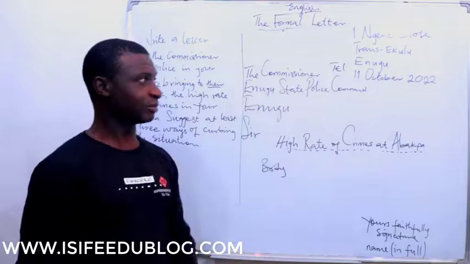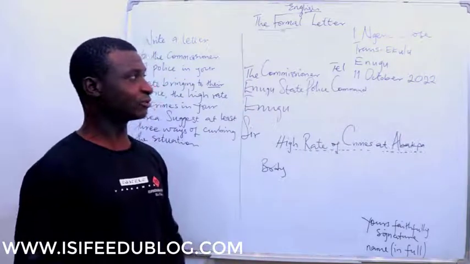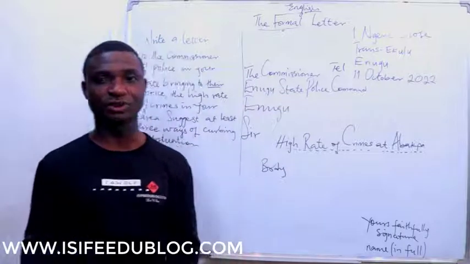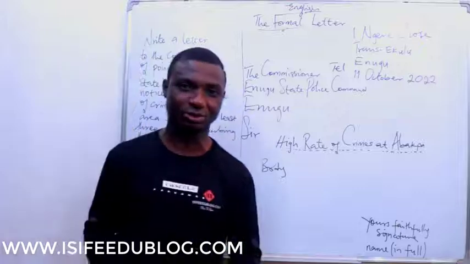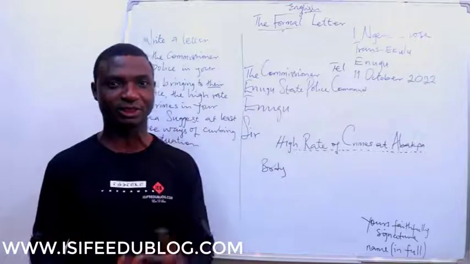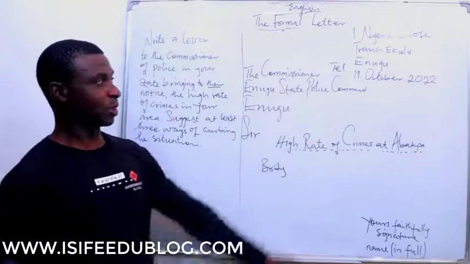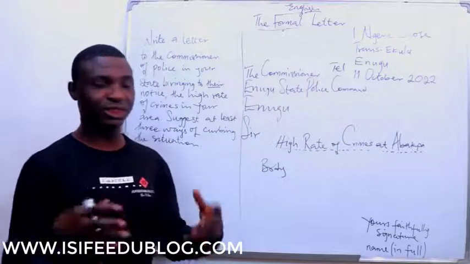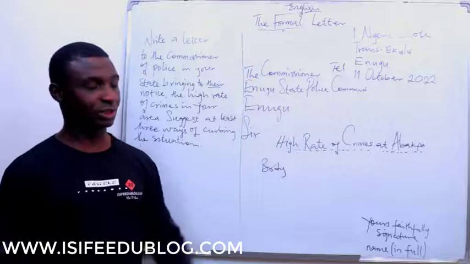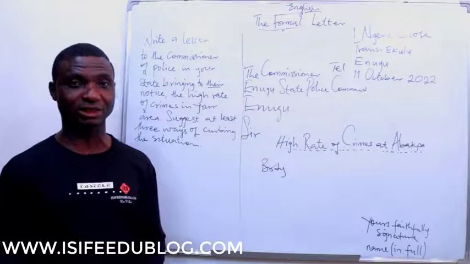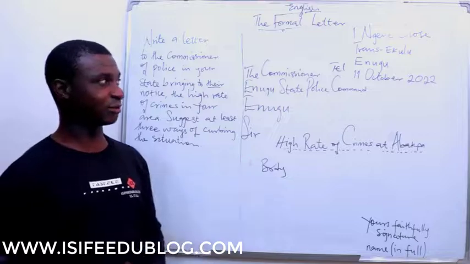So the telephone number is a part of the address today, especially given the fact that the post office is almost going moribund. I wouldn't know how many times you receive letters via the post offices today. So the telephone number is the easiest way to reach you. Add it as part of the address, especially when you're not writing an examination letter.